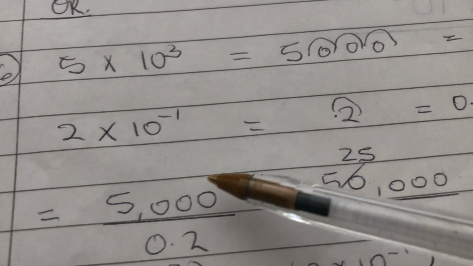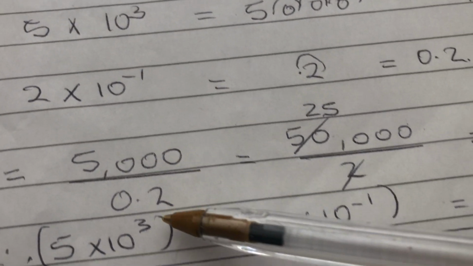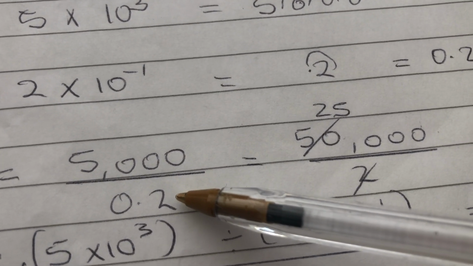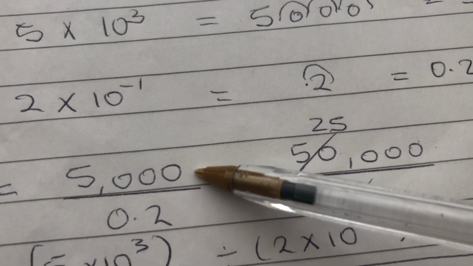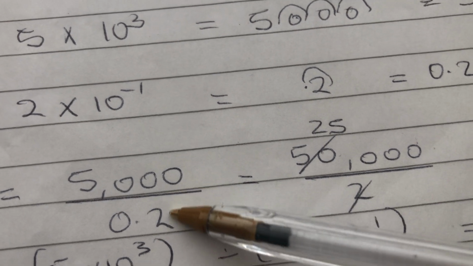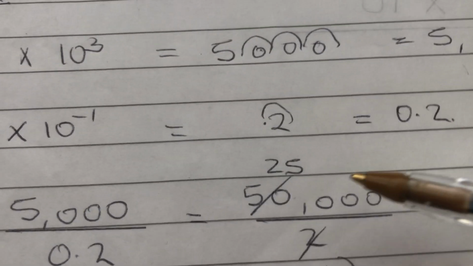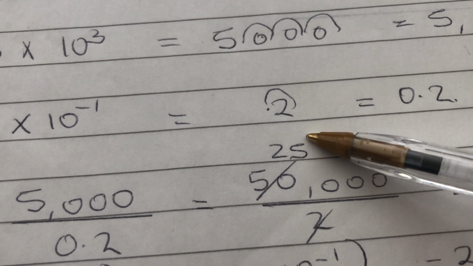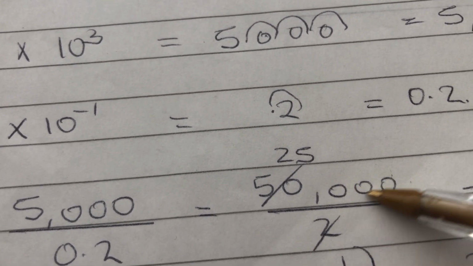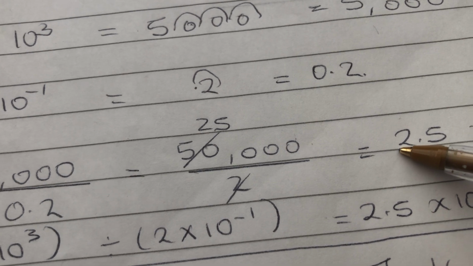So we have 5,000 divided by 0.2. We can add 0 to the numerator, and the denominator becomes 2. 50 divided by 2 is 25, and then we have 25,000.